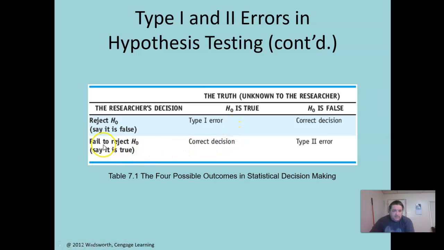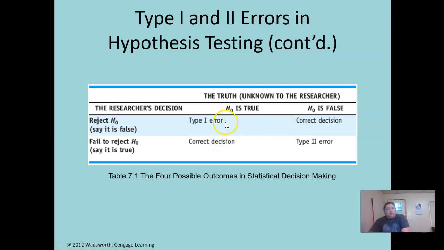And if we fail to reject, it is the correct decision. When the null hypothesis is false and we reject it, that is correct. But when the null hypothesis is false and we fail to reject it, then that's a type 2 error.